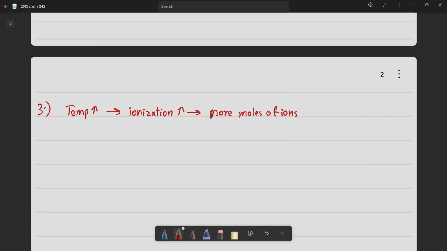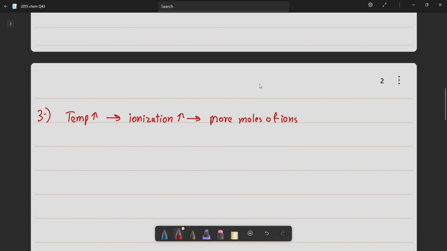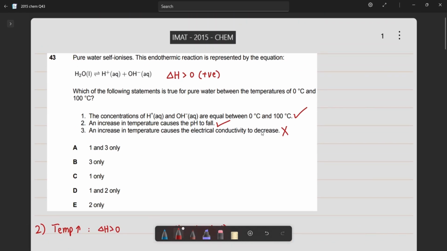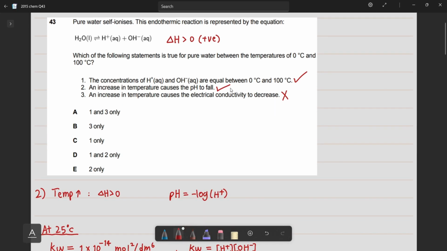So an increase in temperature must increase the electrical conductivity, because more ions are produced from the water molecule, causing it to self-ionize more. That's why option 3 is false.